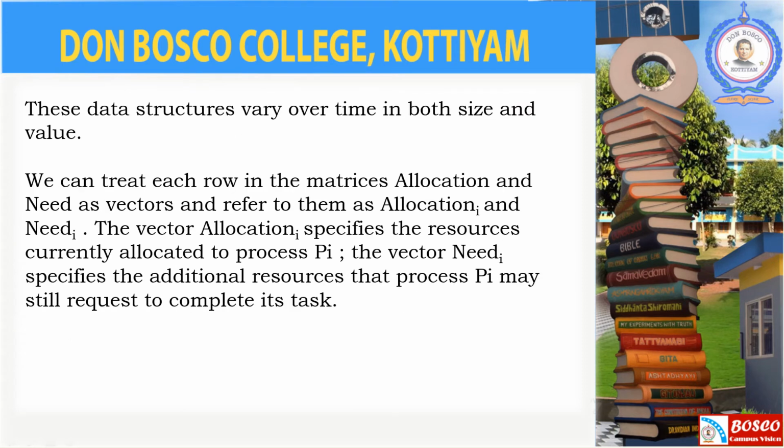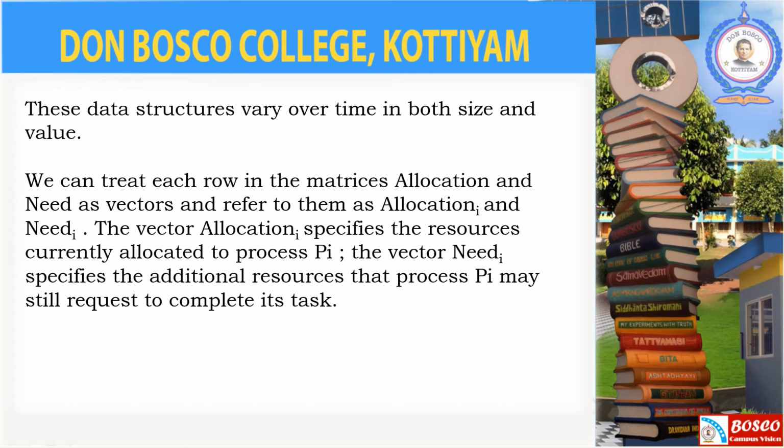These data structures vary over time in both size and value, and we treat each row in the matrices Allocation and Need as vectors and refer to them as Allocation i and Need i. The vector Allocation i specifies the resources currently allocated to process Pi.